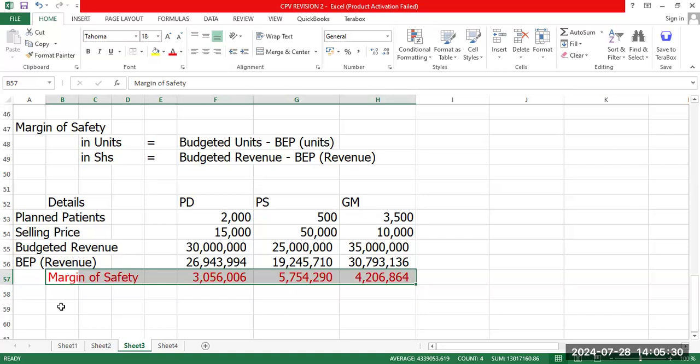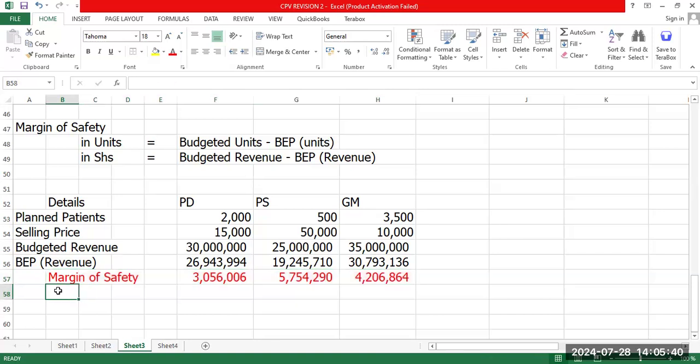So to comment on the risk ranks, you can convert this into terms of percentage, so that you can rank very well and compare margin of safety, because you cannot advise very well without percentage. You need to know which one is performing well, which one is not performing well.